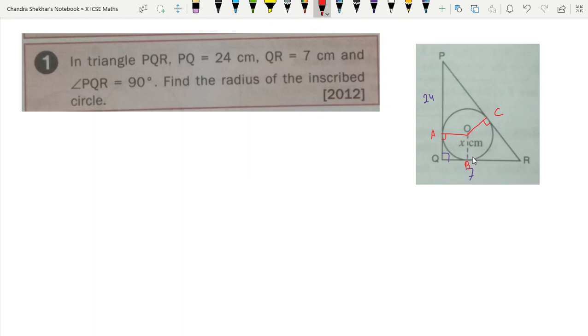So if I take AQBO, if I prove this is a square, then this length OB will become equal to AQ, and that also will become equal to OA, which is equal to BQ. But we have to prove it is a square before we do that. So what is there to prove? That those two angles are 90. So automatically the other two angles will become 90.